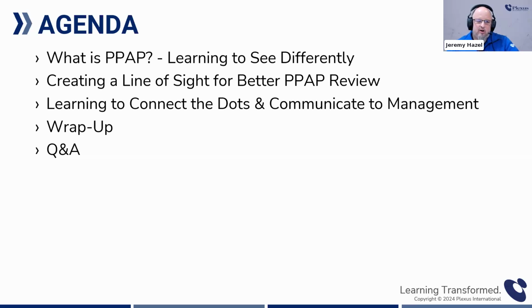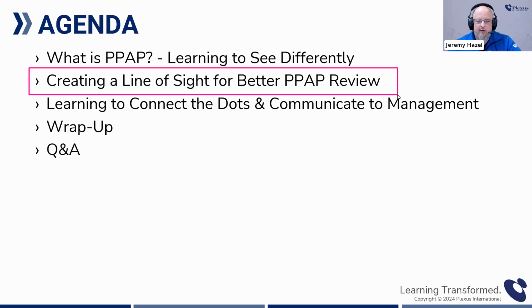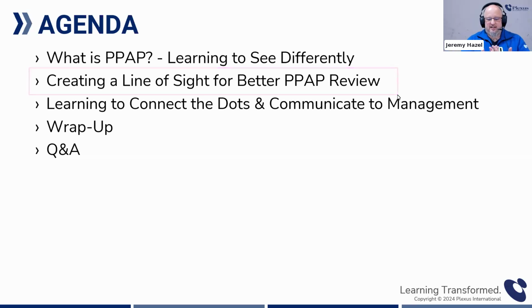And then we're going to go through a tool that I created that I used when I was in industry to help create what I call a line of sight. So it's a way to align the PPAP review, especially for supplier quality associates, that allows you to do a more thorough review in a shorter amount of time.